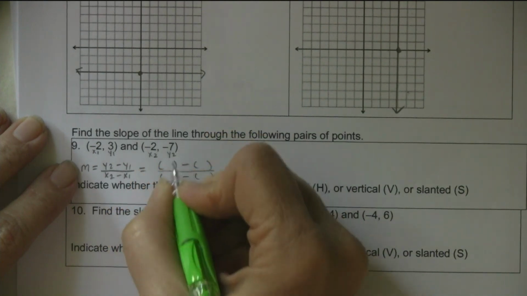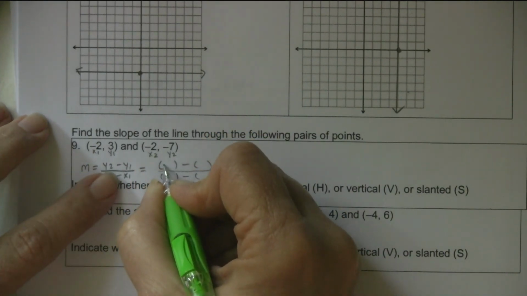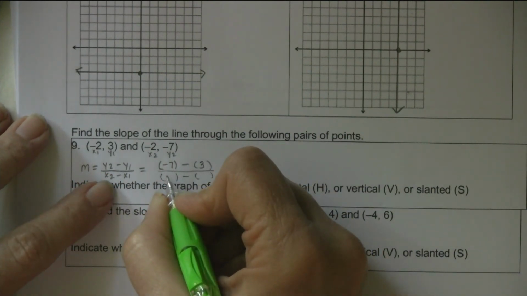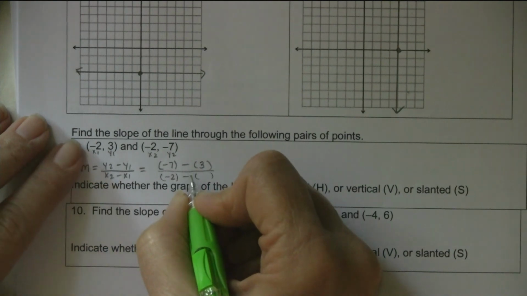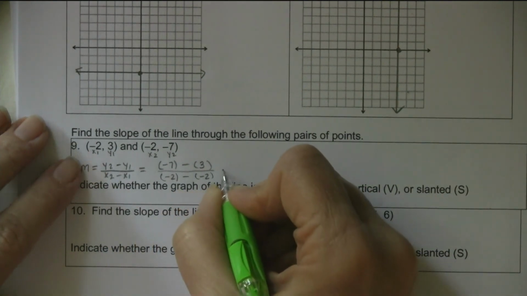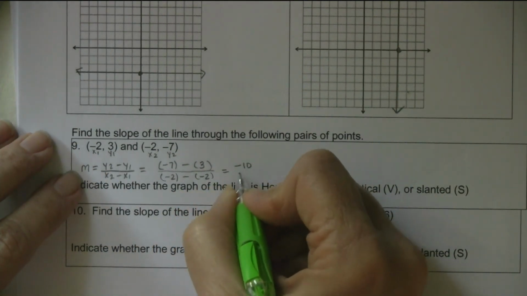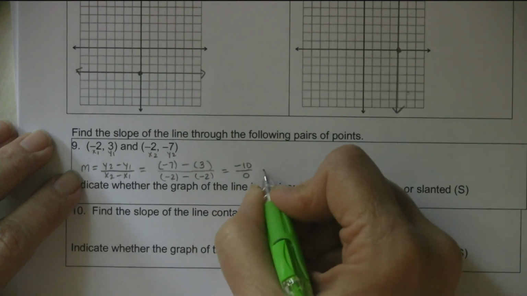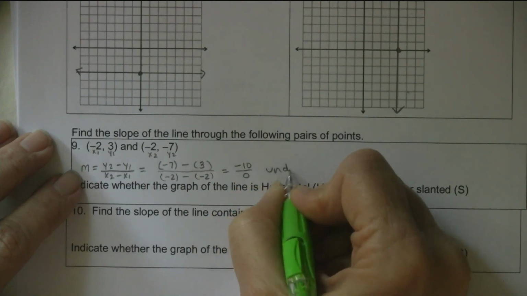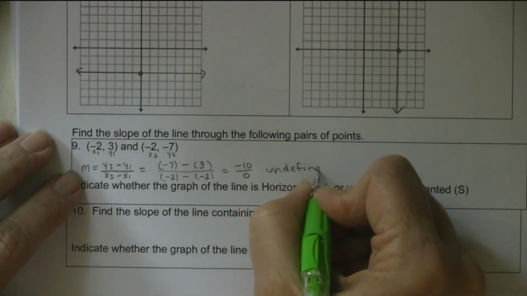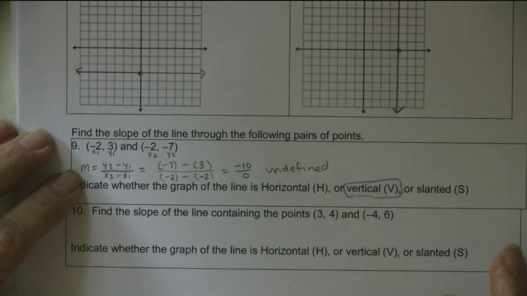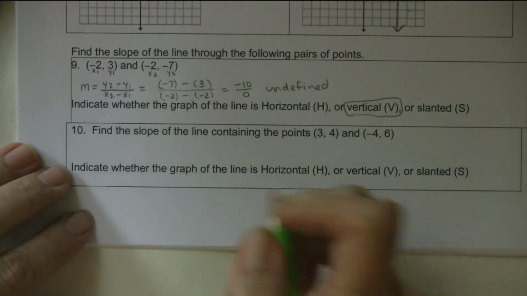And that definitely can happen, so you want to be really careful as well. -7 and 3 and -2 and -2. So here I get -10, and you know that's 0, right? Because -2 plus 2 is 0. So this is undefined. So the slope is undefined, and if it's undefined, then it is a vertical line.